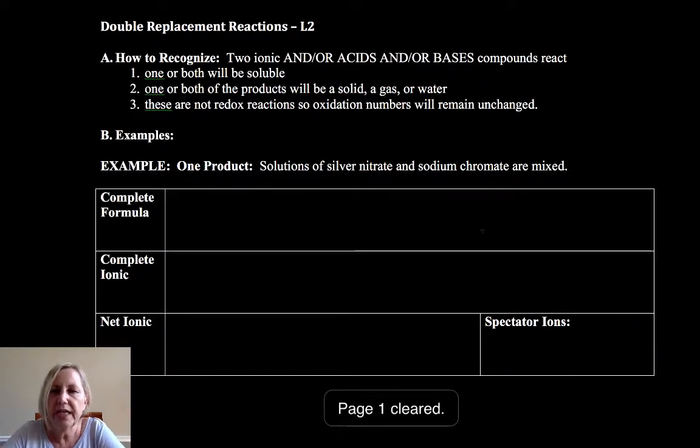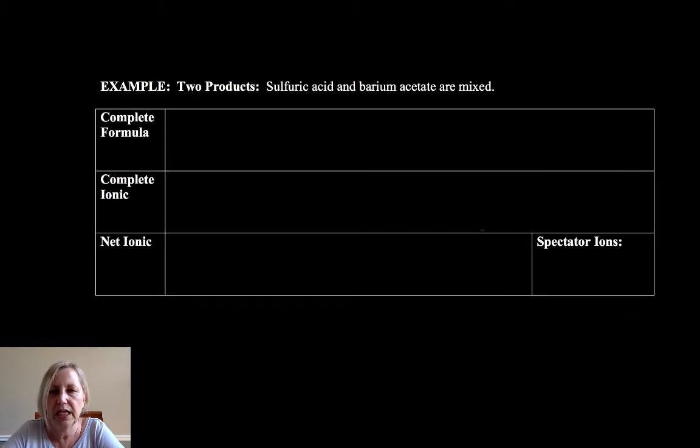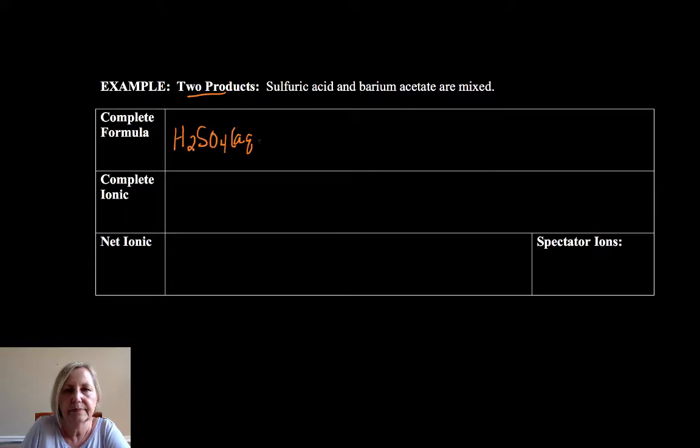Okay, let's try another one that's a little unique that you might not see in an entry level. This time we have two products that can't be dissociated. So I have sulfuric acid plus barium acetate solution. We're assuming solution there.